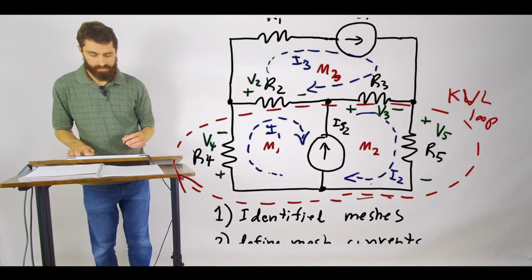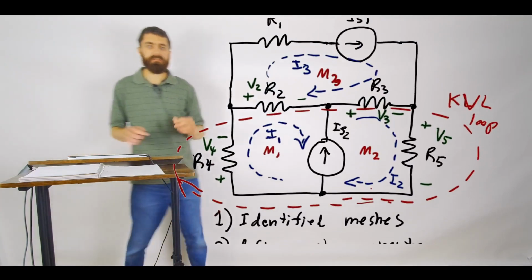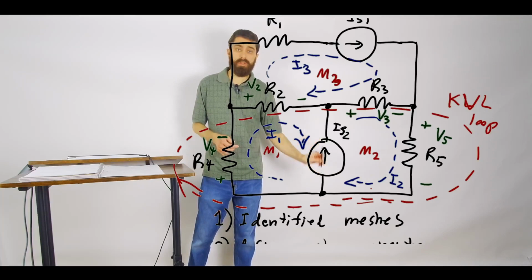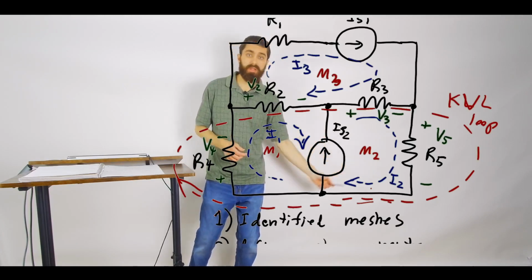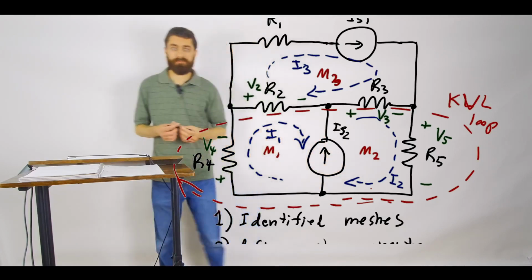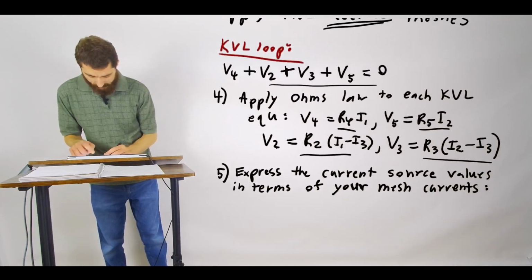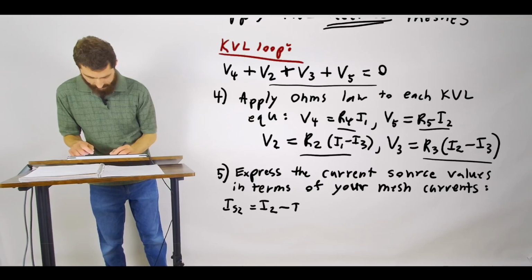So think about this. If you have a current here, IS2, flowing from here to here, it's going to be equal to I2 minus I1. So IS2 is equal to I2 minus I1.